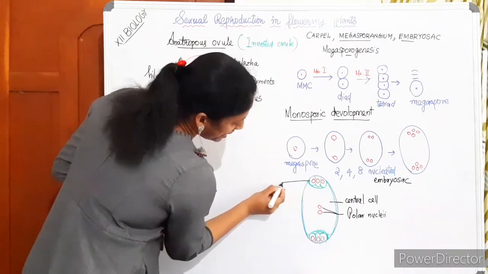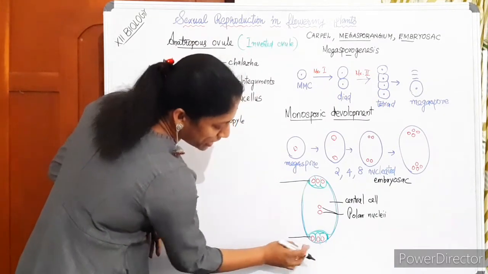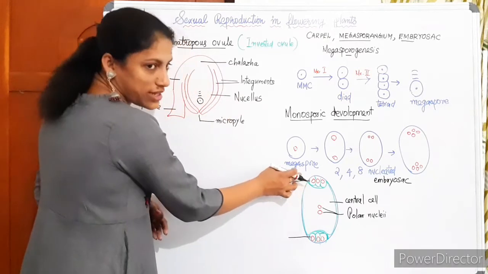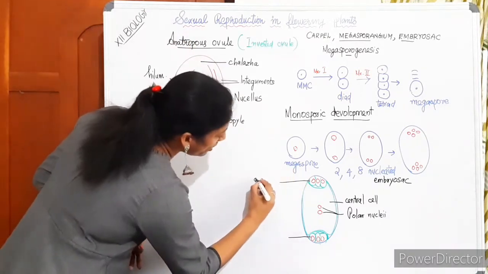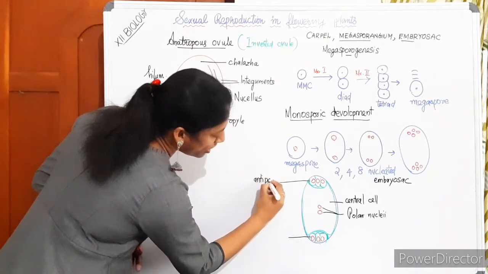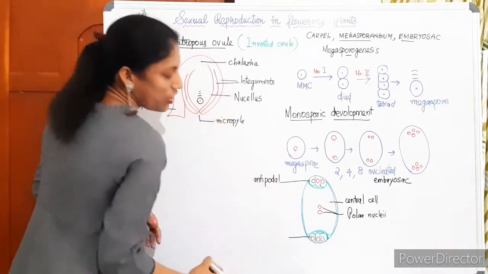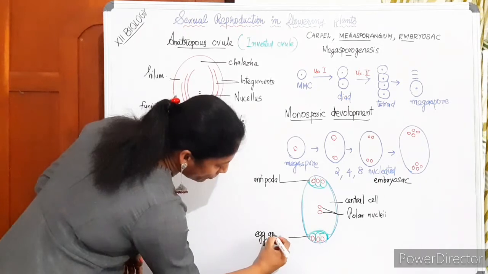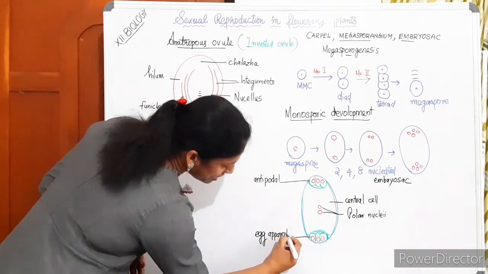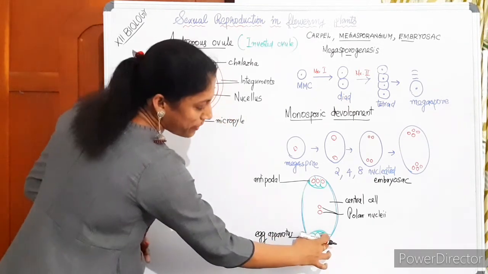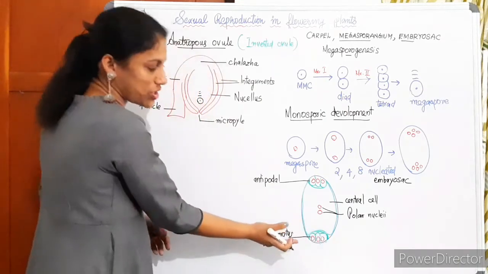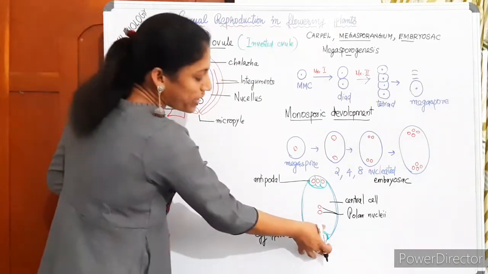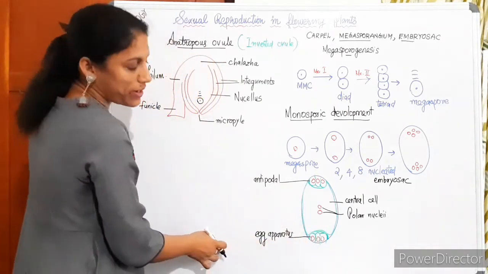Then the 3 cells, this is the micropylar end, this is the chalazial end, means the 3 nuclei at the chalazial end are called antipodals. The 3 nuclei at the micropylar end form the egg apparatus, at the tip portion. Micropylar end forms the egg apparatus.